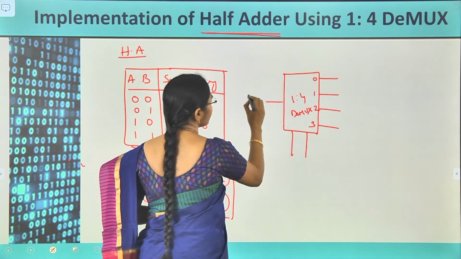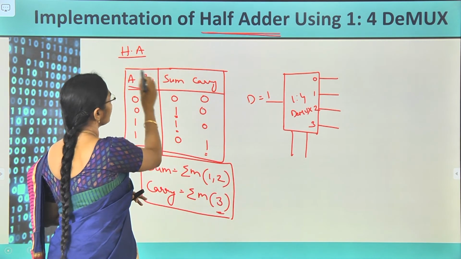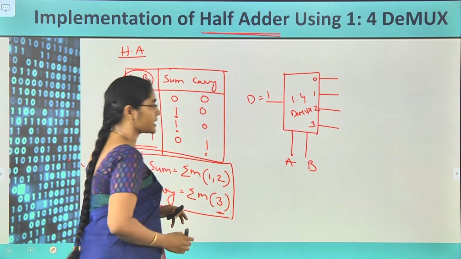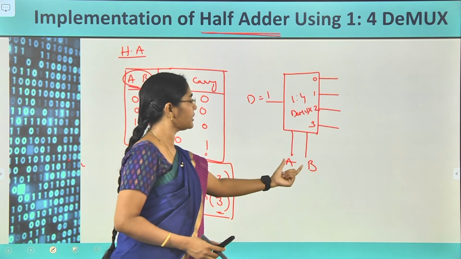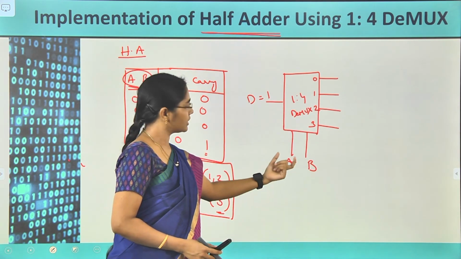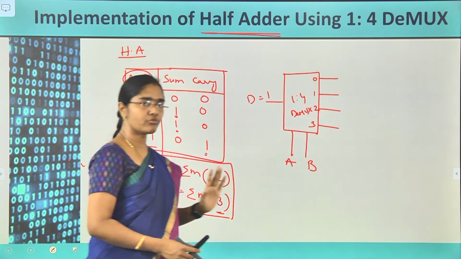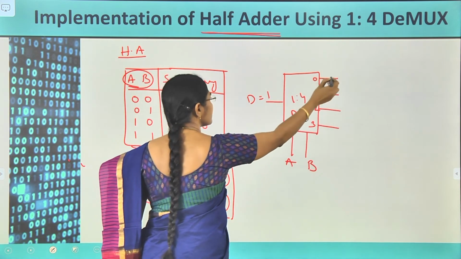So connect D here as 1 as it is and use these 2 inputs as selection lines. That is, when AB is 00 this line, AB 01 the second line, AB 10 the third line, and AB 11 the fourth line is going to be selected, and this 1 is passed to this line.